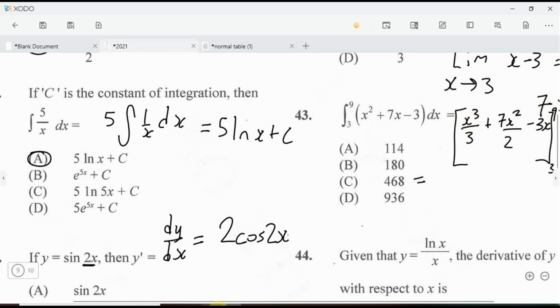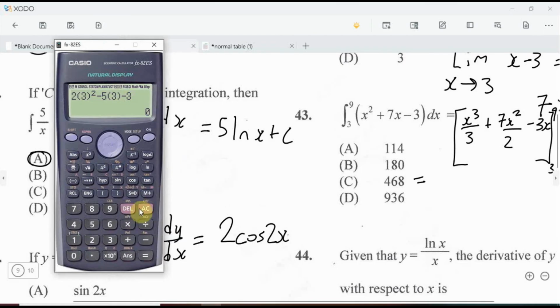I'm just going to do it in the calculator: 9 cubed over 3 plus fraction button 7 in bracket 9 squared over 2 minus 3 in bracket 9.